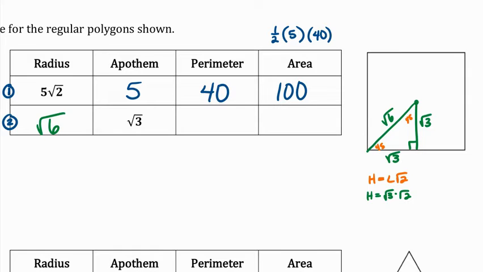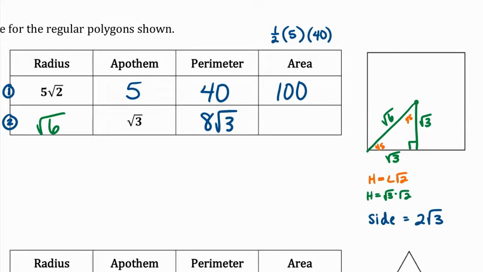To find the perimeter, I need a side length. I know half my side is radical 3, so what's the whole side? 2 radical 3, just radical 3 plus radical 3, right? So a side length would be 2 radical 3. Then to get the perimeter, there's 4 sides, so 2 radical 3 times 4 gives us 8 radical 3.